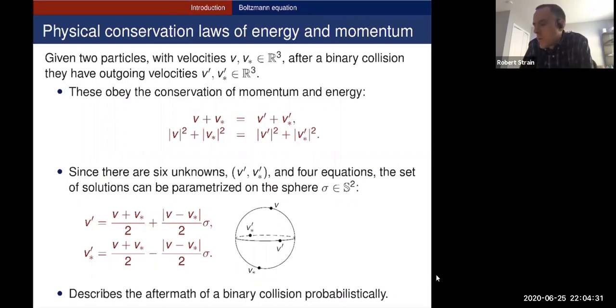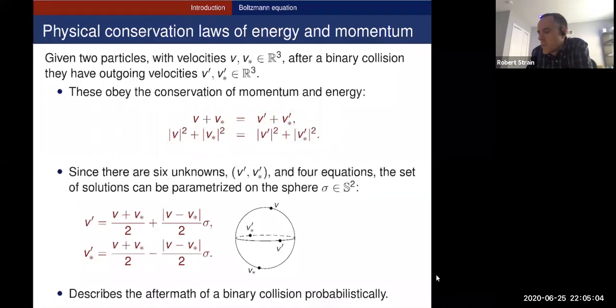And so we're talking about particles, and particles have conservation laws in this model. Given two particles moving around with velocities v and v star, after a binary collision, these particles have outgoing velocities v prime and v prime star, and these collisions are assumed in this model to obey the conservation of momentum and energy, and that takes the form of these four equations right here.